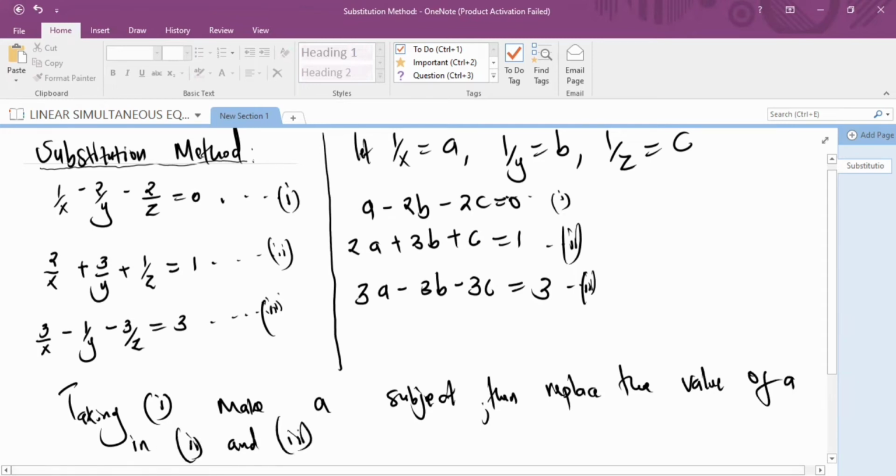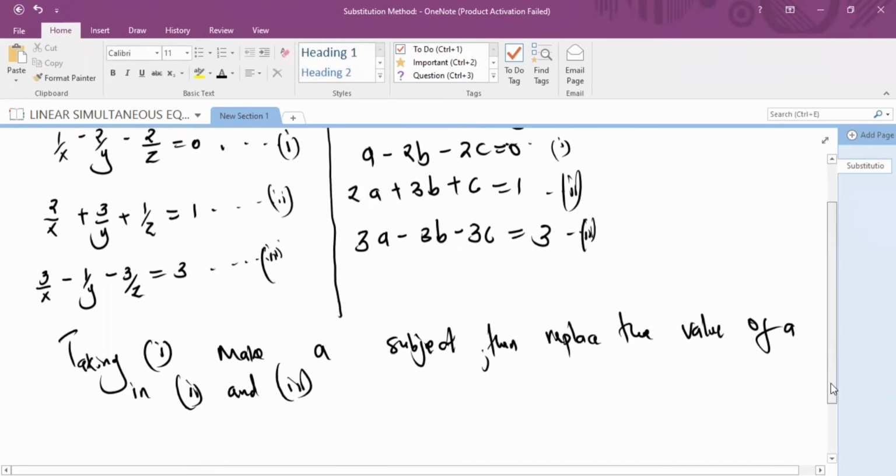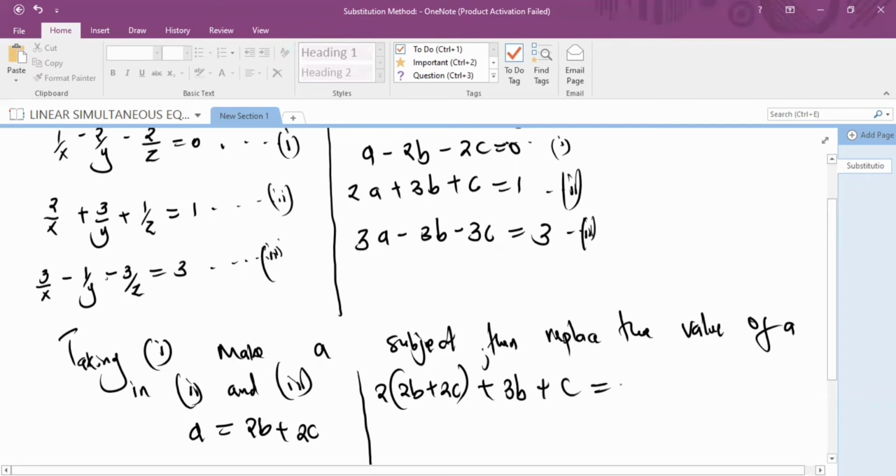Okay, let's go. So making A the subject of the formula, we will have A is equal to 2B plus 2C, if you cross this to the other side. So replacing in equation 2, we'll have 2 into A, and our A is 2B plus 2C, plus 3B plus C is equal to 1.